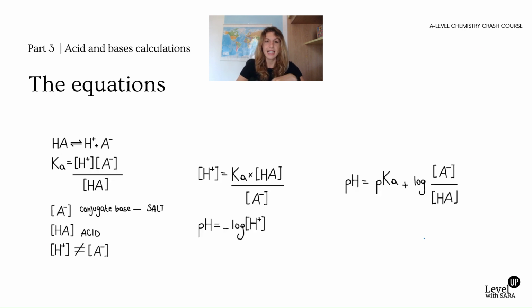Okay. The last one is this one. One thing to notice that is different from the one before just because of this. We still have a weak acid, but you would have a hint in the question that there is some kind of base or a salt that is present.